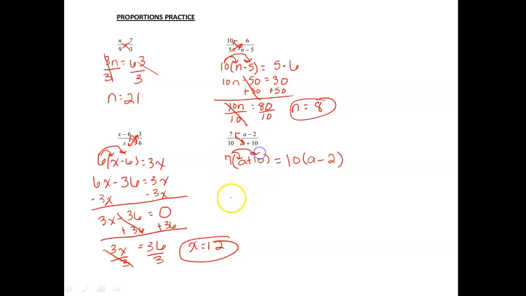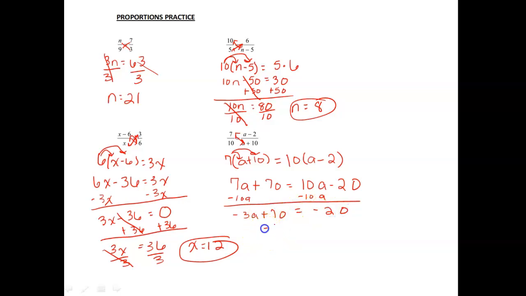Distribute. 7a plus 70 is equal to 10a minus 20. I'm going to move my variables to the left and my numbers, my constants, to the right. So I'm going to subtract 10a from both sides. I have negative 3a plus 70 equals negative 20. I'm going to subtract 70 from both sides.